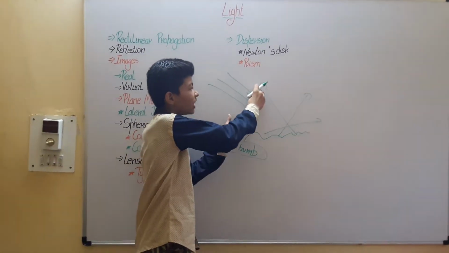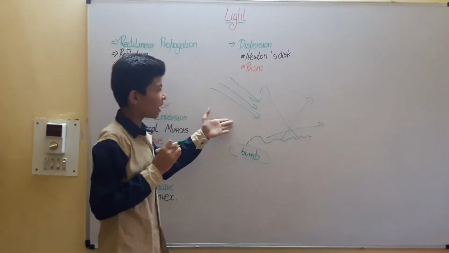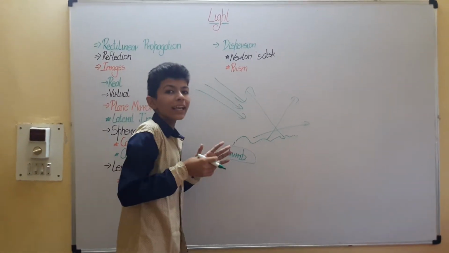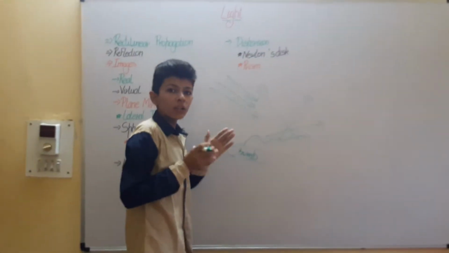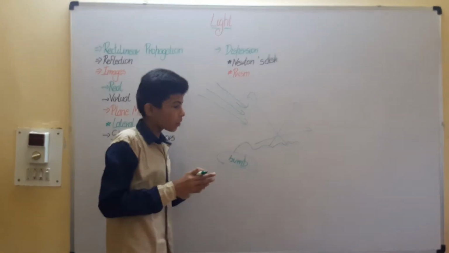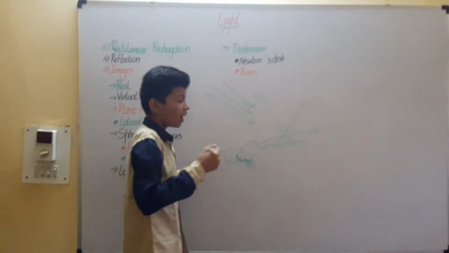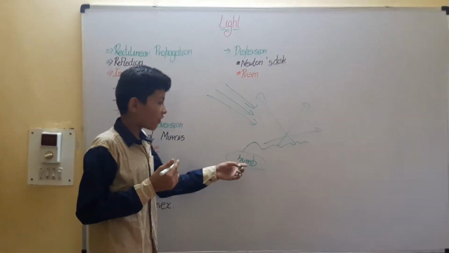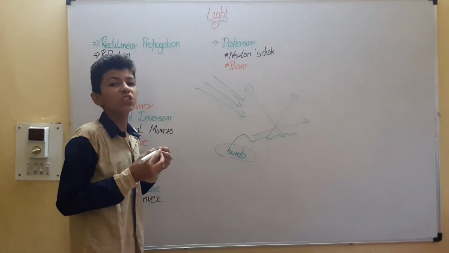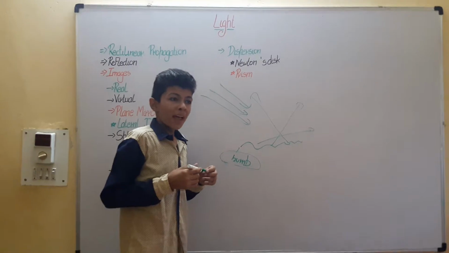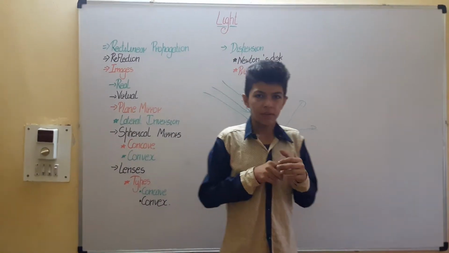Before, they were all coming in the same direction, so they were parallel, but now they are not. This is called a bumpy or rough surface, and this type of reflection is called diffuse reflection. Let's take a smooth surface.